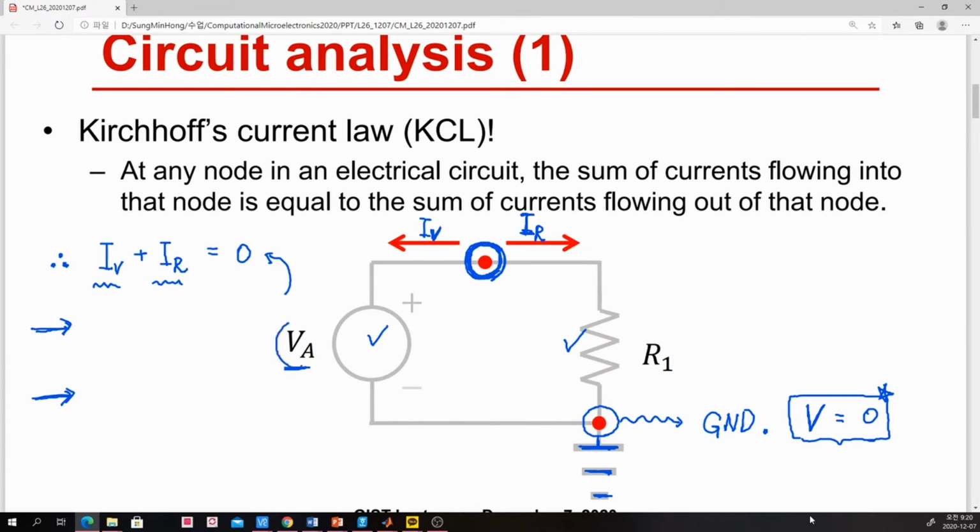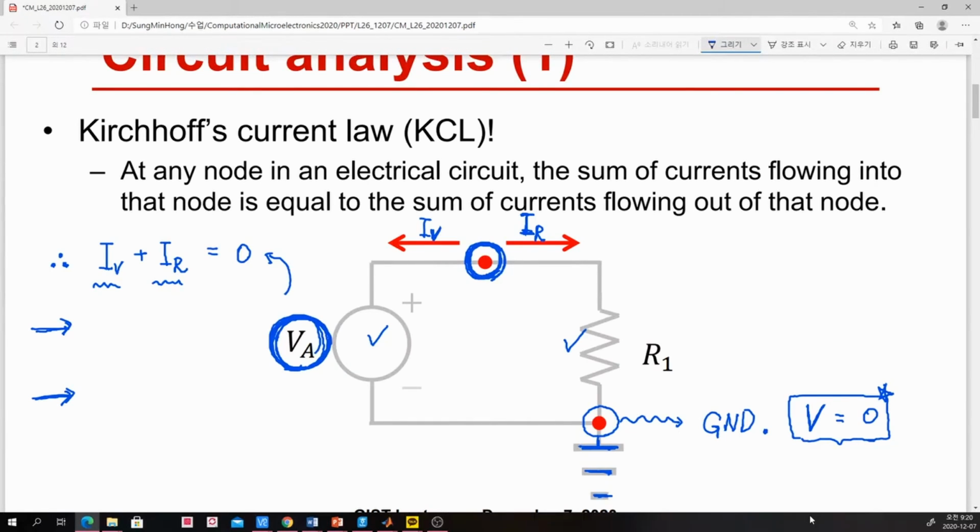In this case, we say that its magnitude is given by V sub A. Here, a voltage source simply means that the voltage difference between this positive node and negative node is equal to V sub A. This positive one is connected to this red dot, so our node voltage minus ground voltage.